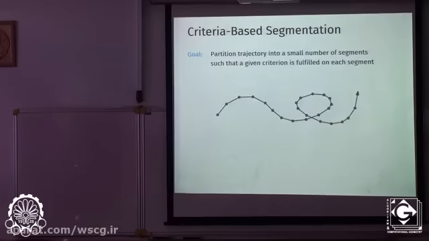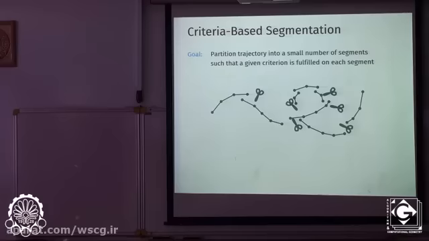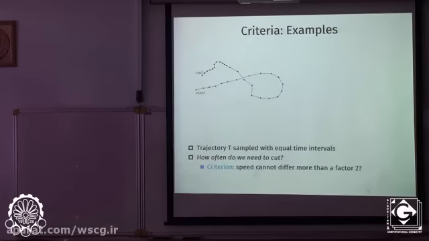So in terms of pictorial representation, this could be my trajectory, and now I want to cut it, and here maybe the criterion was heading, so direction of movement. We would want to make sure that on any of these segments, it more or less moves in the same direction.